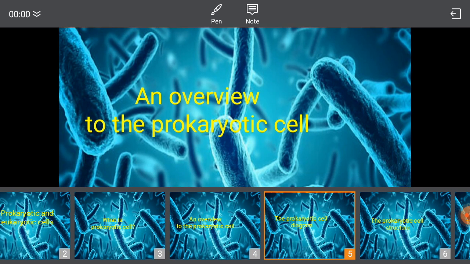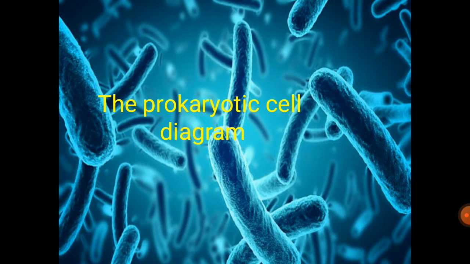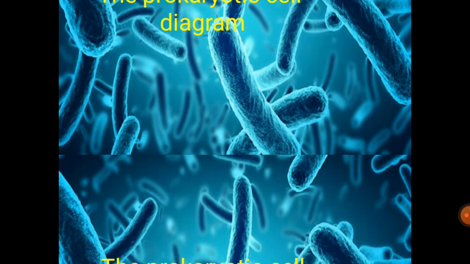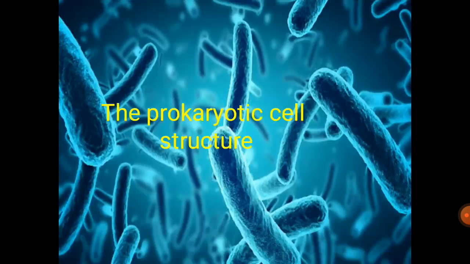Next is the prokaryotic diagram. Most prokaryotic cells have a nucleoid region, a number of ribosomes, a plasma membrane, and a cell wall made of peptidoglycan. Next, the prokaryotic cell structure.